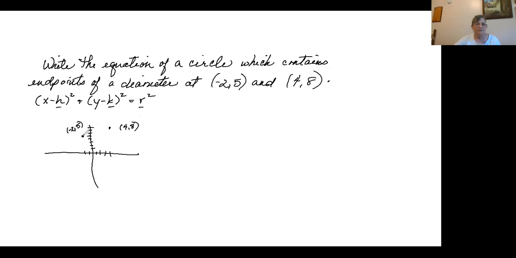And the circle, these are endpoints of a diameter, which means that the circle goes like this. A diameter goes straight through the middle of the circle. Oh, so our center point is going to be the midpoint, right? So first of all, let's get the midpoint.